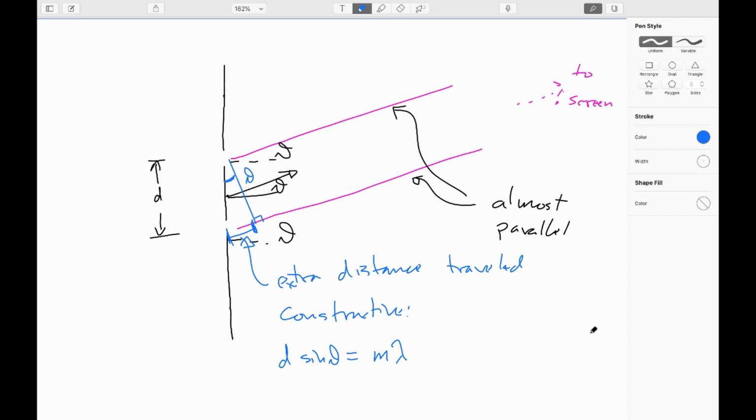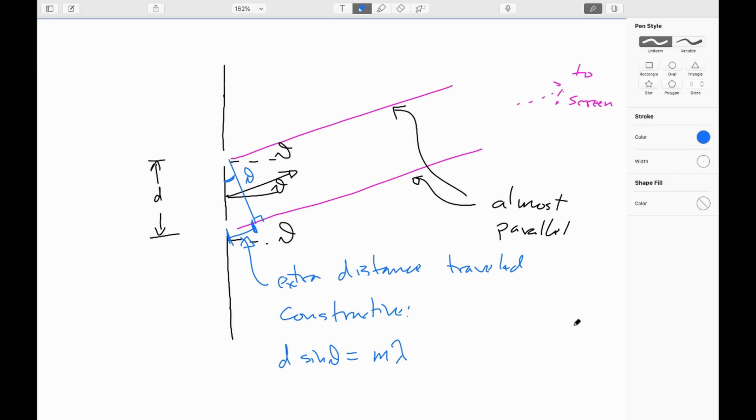Now, as a practical matter, the angles that we tend to deal with here are very small, typically less than 1/10 of a radian or something like that.